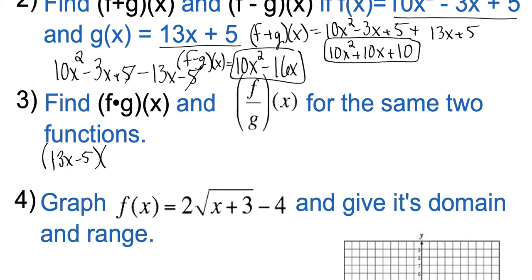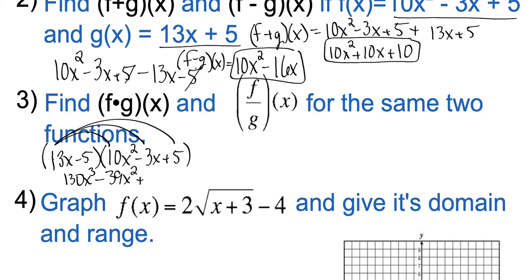Taking that times 10x squared minus 3x plus 5. We're just going to kind of FOIL this out, okay? So we just take the 13x through. That gets me to 130x cubed minus 39x squared plus 5 times 13 is 65x.